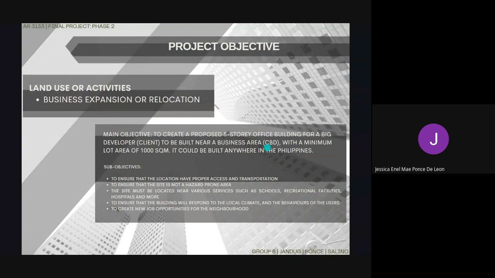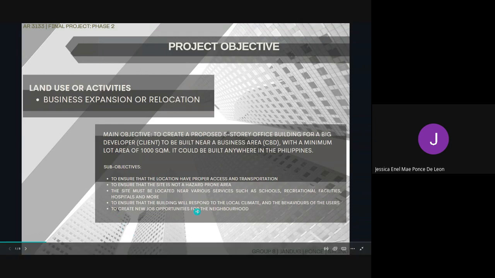For our sub-objectives, it must ensure that the location has proper access and transportation, that the site is not a hazard-prone area, and that it is located near various services such as schools, recreational facilities, hospitals, and more. Also, the building should respond to the local climate and the behaviors of the users, and create new job opportunities for the neighborhood.